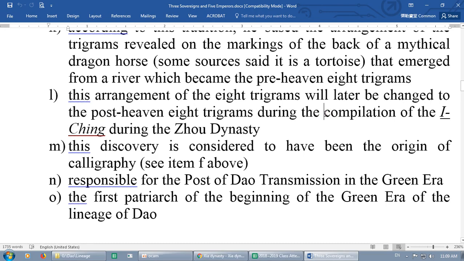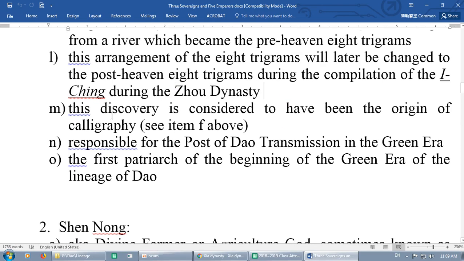That means the I Ching already existed even during the time of the Zhou dynasty, which is roughly 2,000 years later. So anyway, now this discovery is considered to have been the origin of also calligraphy.